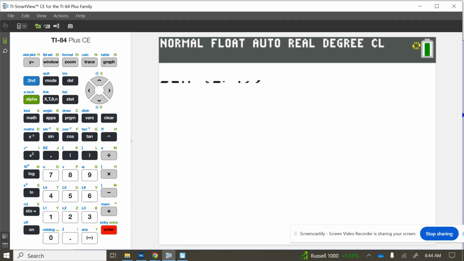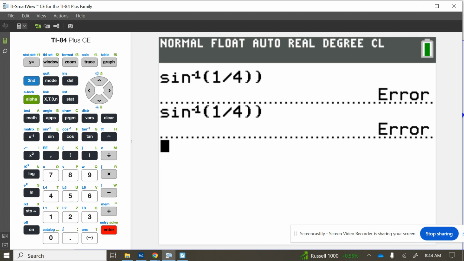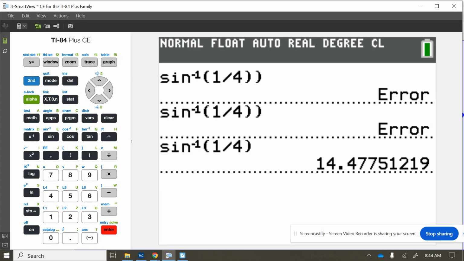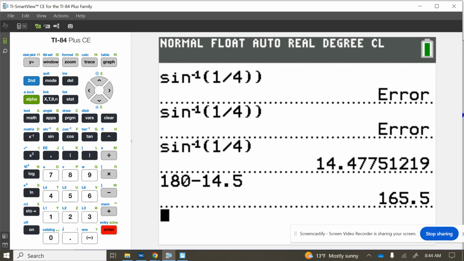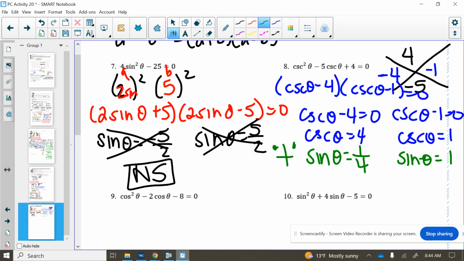That is our quadrant 1 value this time of 14.4, if we could actually type this in correctly. There we go, 14.5 officially. And then we would also want the quadrant 2 value. So if we do 180 minus 14.5, we would get 165.5. So those are our two answers that are going to come from the first part: 14.5 degrees and 165.5 degrees.